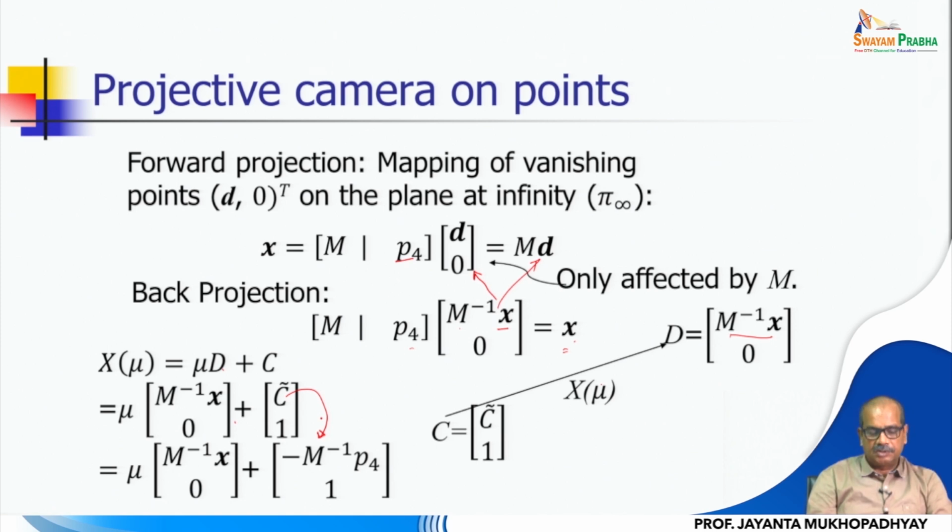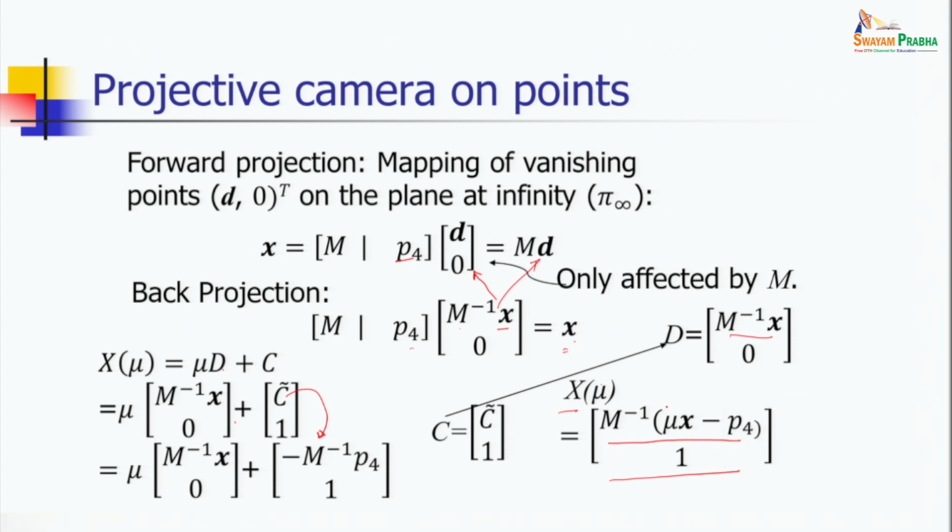It is a non-homogeneous coordinate, so it is minus M inverse P4. Finally, in the composite form, these two can be clubbed together to make it M inverse into mu x minus P4. This is the relation of the straight line, which gives you the coordinates of the points lying on this line and defining the line.